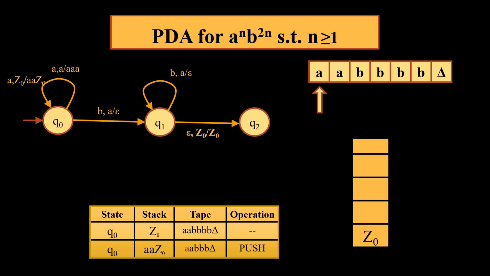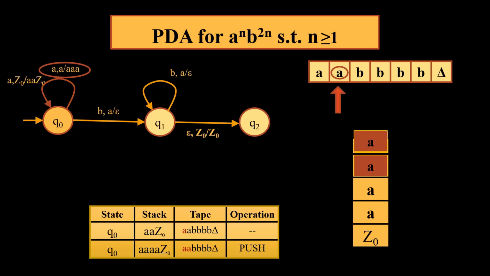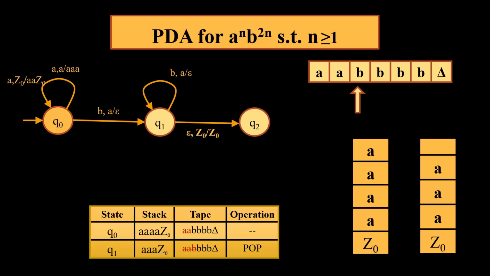Initially we come across the first A in the start state, and we push 2 A's on the stack corresponding to the single A which is read. Next we move to the second A, we push 2 A's on the stack, and then we come across the first B. Now we have 4 A's on the stack, so we switch over from state Q0 to Q1.